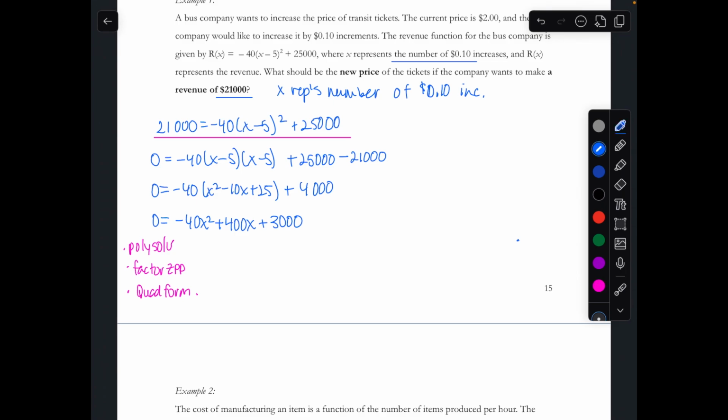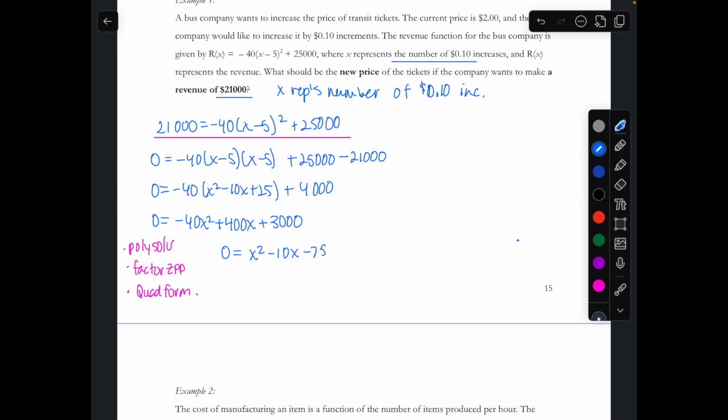But what I can tell you is I can divide everything here by negative 40. If I divide both sides by negative 40, I get x squared minus 10x minus 75, because 3,000 divided by 40, just going to double check, 3,000 divided by 40 is, yes, 75.